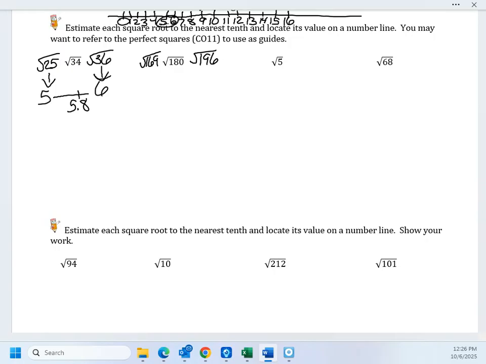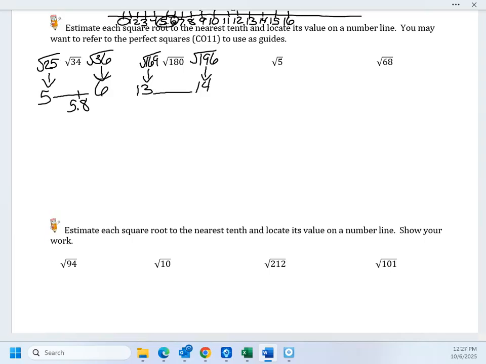What's my next step? Finish finding the square roots. So what is the square root of 169? 13. And what is the square root of 196? 14. So that is my number line right there.